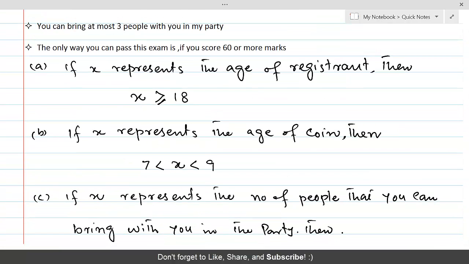Now the last part: the only way you can pass this exam is if you score 60 or more marks. Here the reference value 60 is clearly part of the inequality, because if you get 60 marks you can still pass the course.